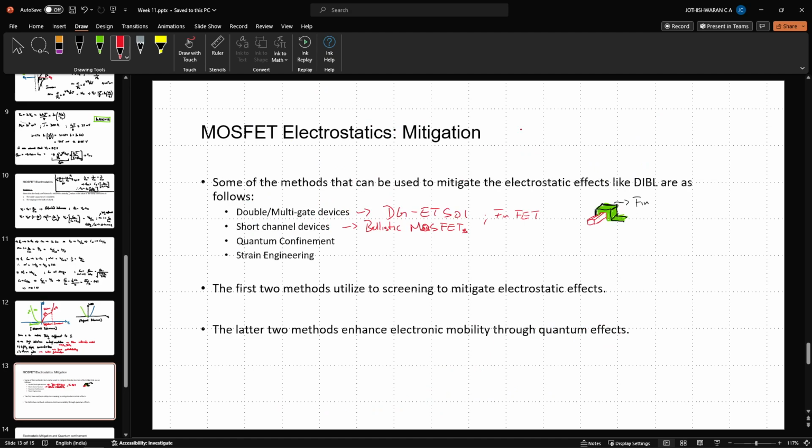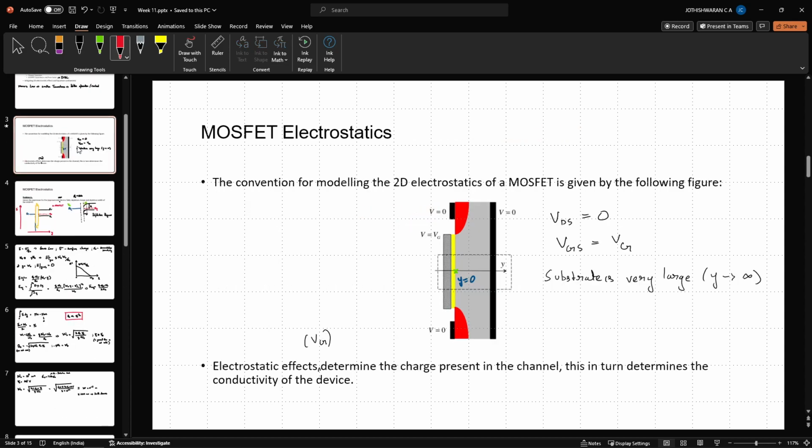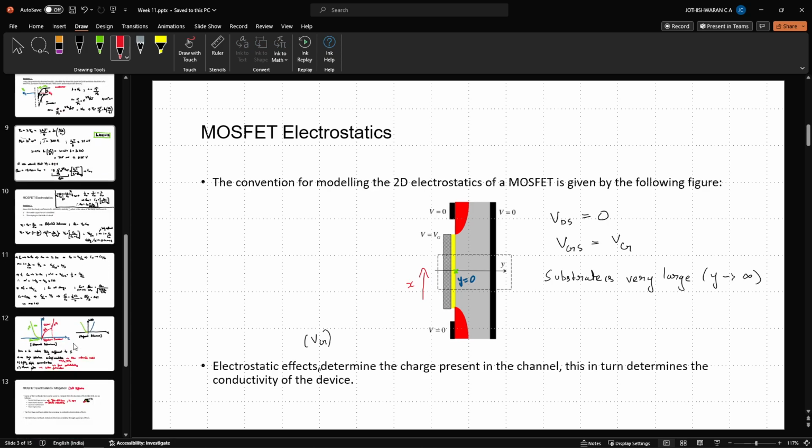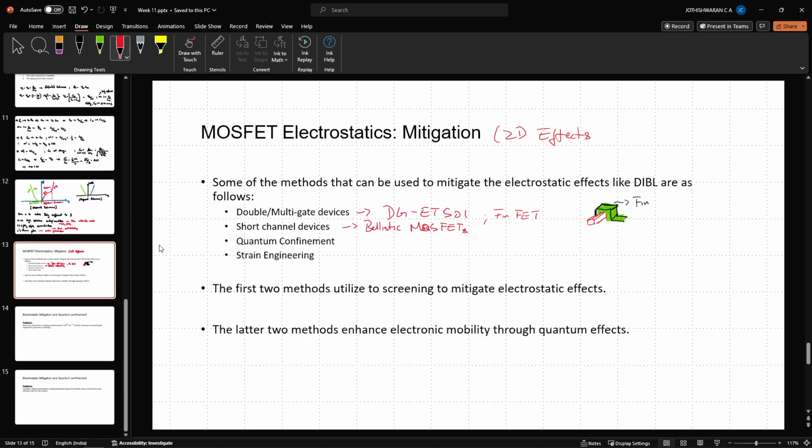When we are talking about mitigation, we are talking about 2D effects. What are 2D effects? They are effects that take place along both the x and y direction of this figure. Here I should point out that this is the x direction. Our aim is to get rid of things like DIBL.